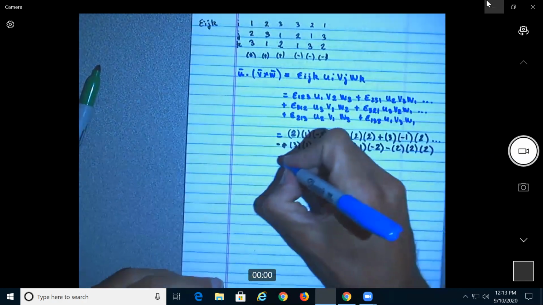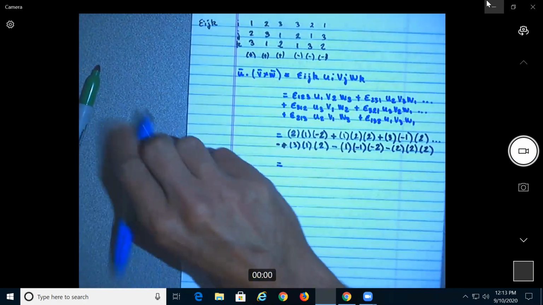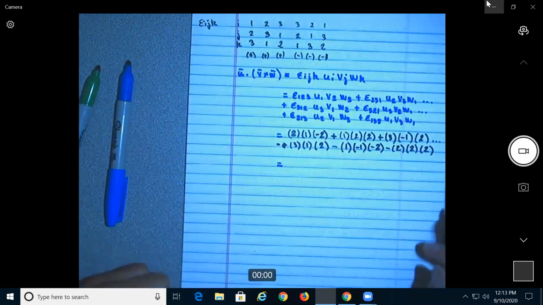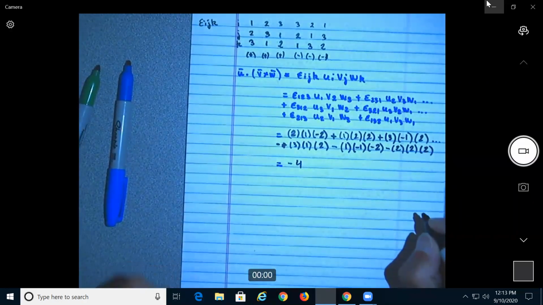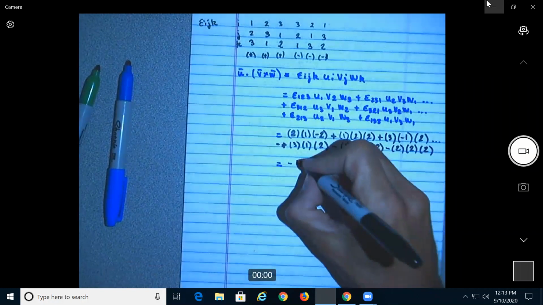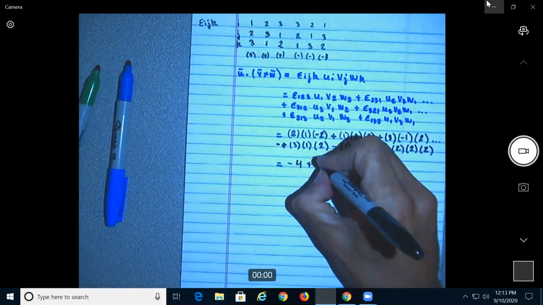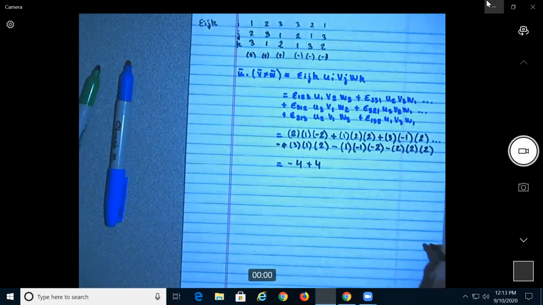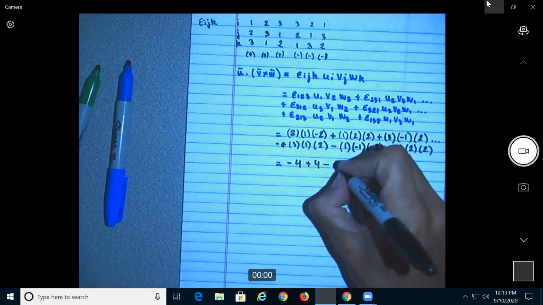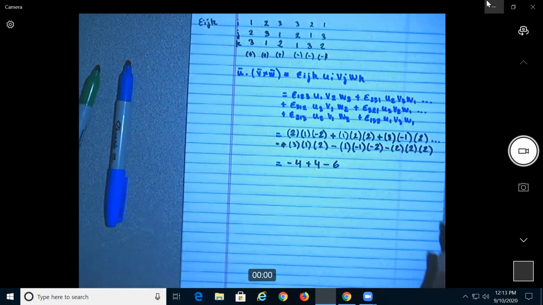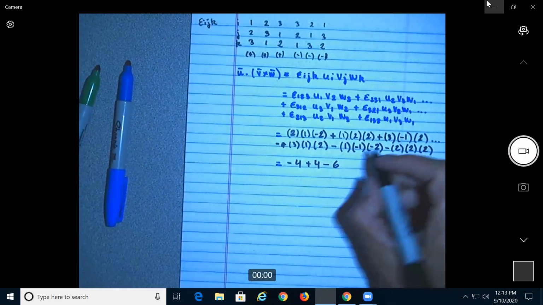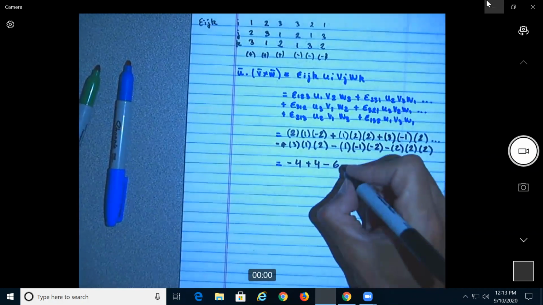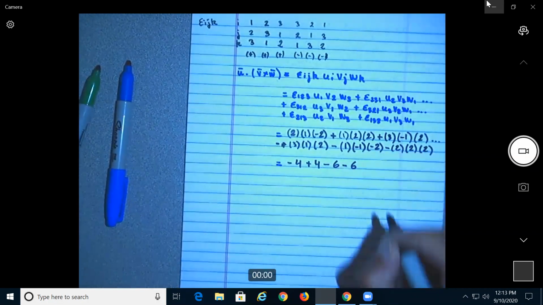Okay, so let's see. This will give us what? -4, +4, -6. This will be -2.